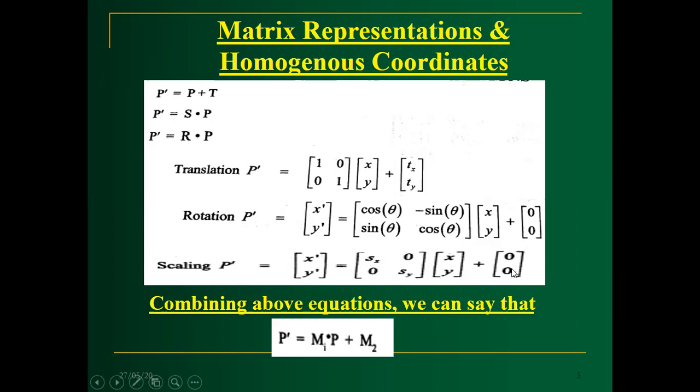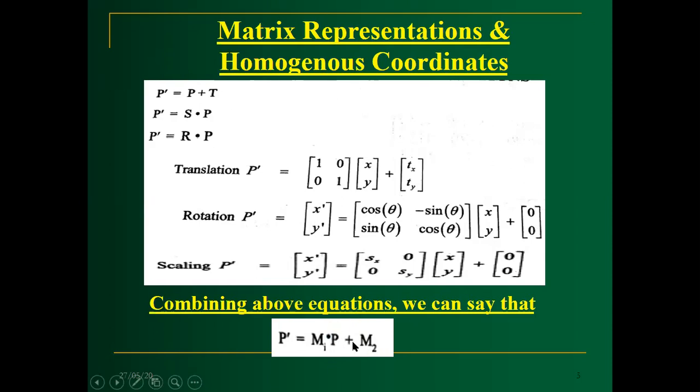Let us add plus 0 0. So if you see these 3 equations, combining them, we can say in general that the transformed point, or the new point, is equal to matrix 1 times the point plus matrix 2. So you can see here we have multiplication as well as addition.